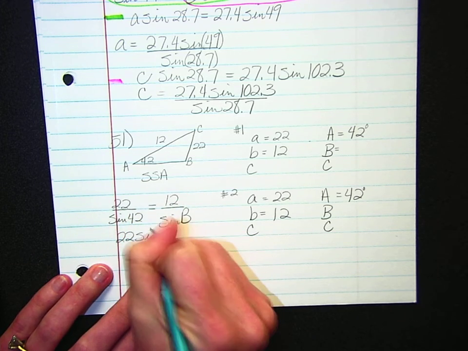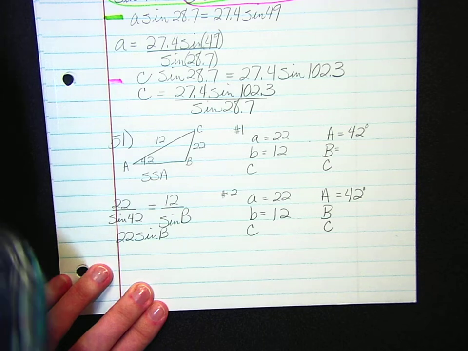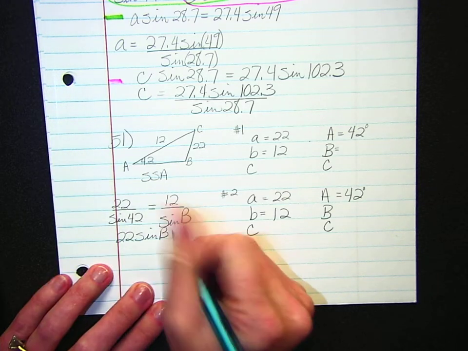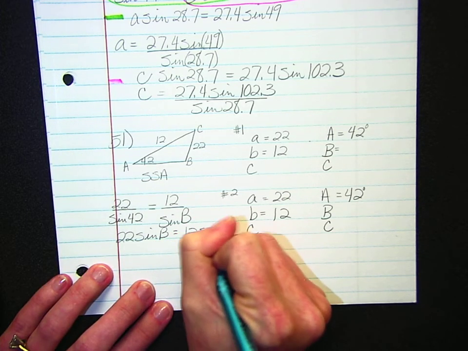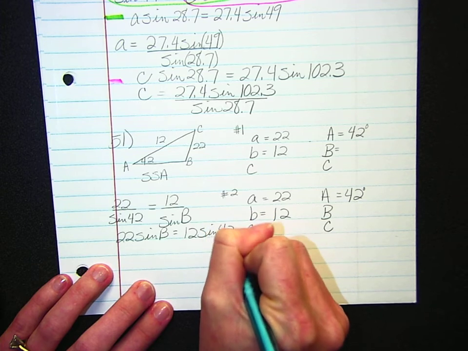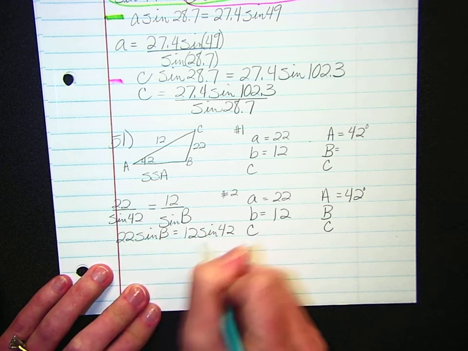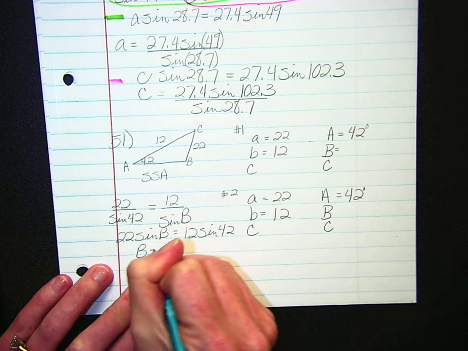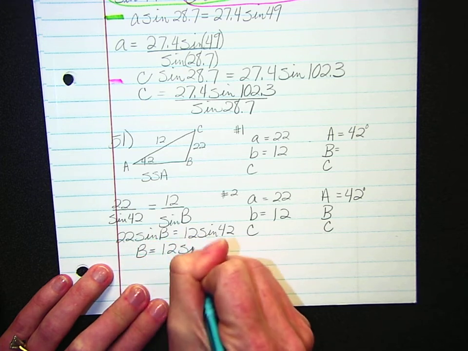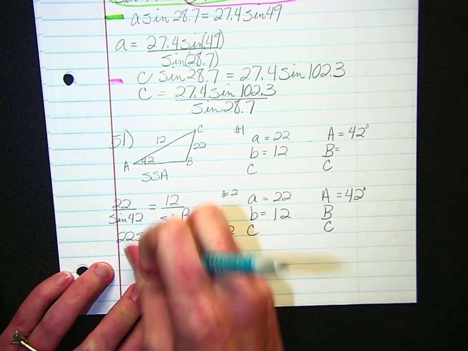That's going to give me that. And then I'm going to divide by my 22, and I'm going to move this over with an inverse sine. Oops, I forgot to do my inverse sine.